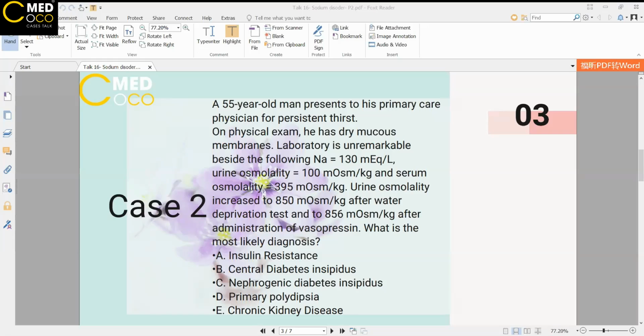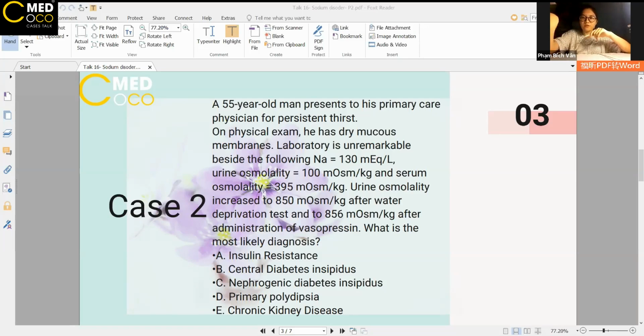That's a physiologic response to vasopressin. But why does the urine osmolality go up with the water deprivation test? Does this patient have any issue with ADH secretion or ADH response? Well, I think the problem is the secretion, not the response of the kidney.